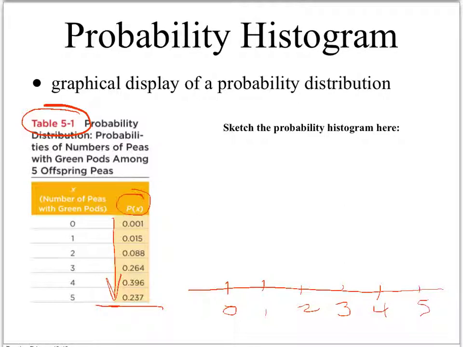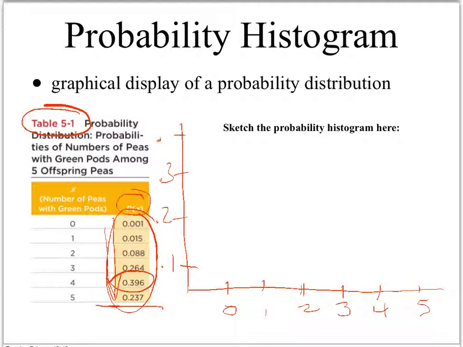Those values will be the midpoints of the rectangles that I'm going to draw for each of the probabilities. Now my probabilities extend from the smallest value of 0.001 to the largest value of 0.396. So I'm going to let the vertical go up to, let's say, 0.5. So we'll say this will be 0.1, this will be 0.2, this will be 0.3. Well, I guess we'll just go up to 0.4. We don't have to go much higher than that.